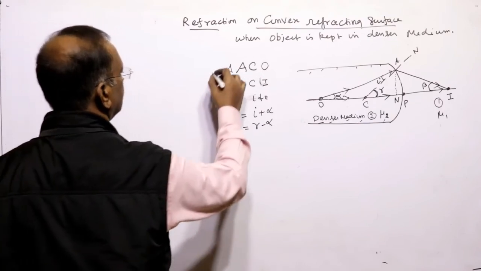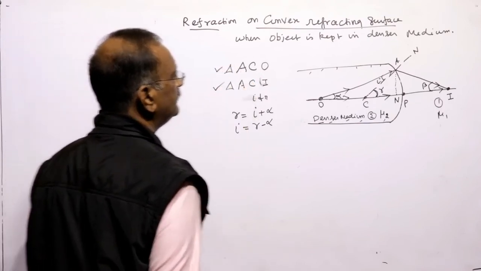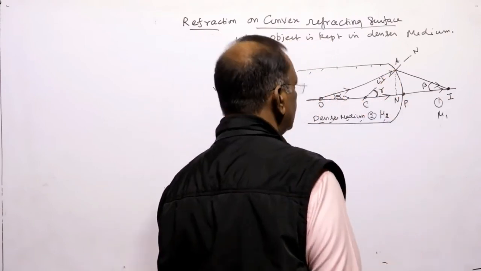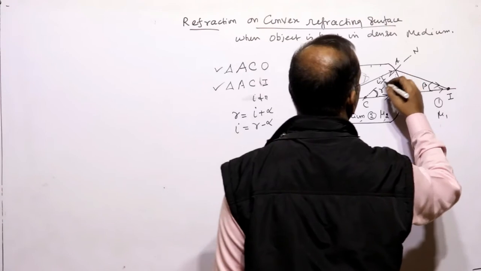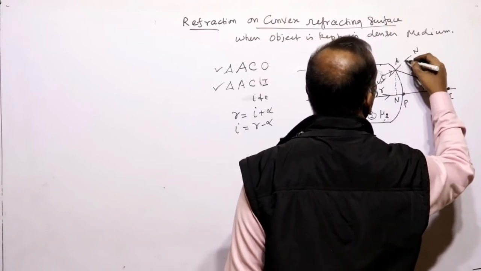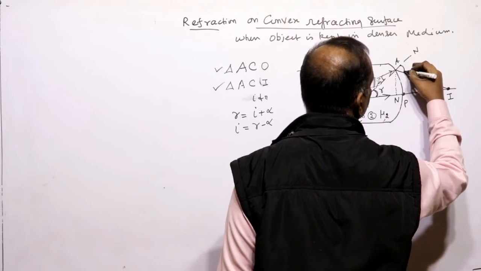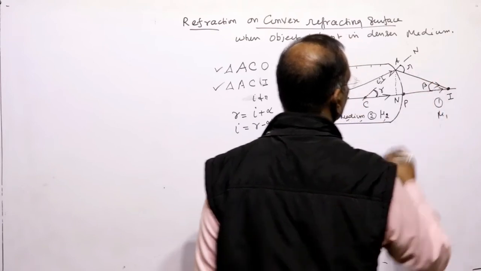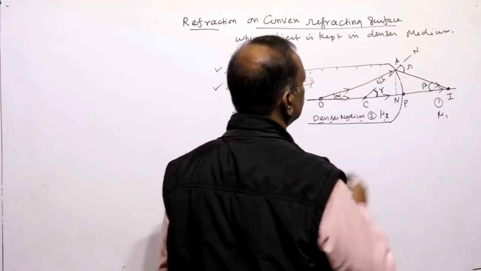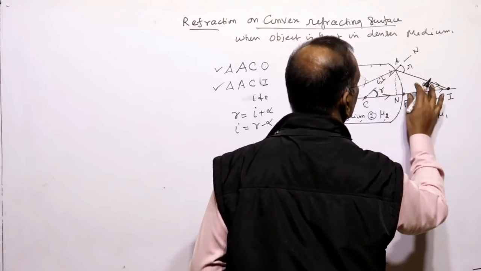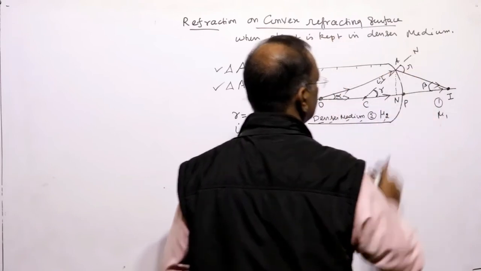Now see the triangle ACI, which forms the external angle. This is the normal and this is the refracted ray, so this is R. In this triangle, these two are internal angles and this is the external angle.